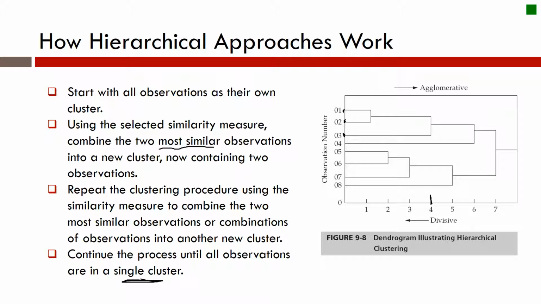Then in the next stage, 5 and 6 went together. And then in the next stage, 7 joined 5 and 6. In the fourth stage, 3 joined 1 and 2. In the fifth stage, 8 joined 5, 6, and 7. In the sixth stage, it looks like number 4 joined 1, 2, and 3, and so on.